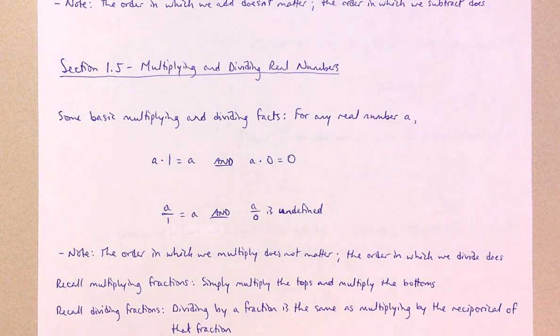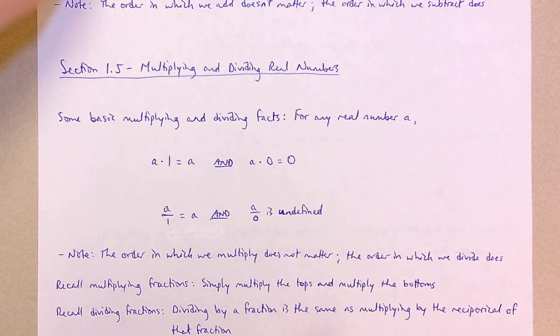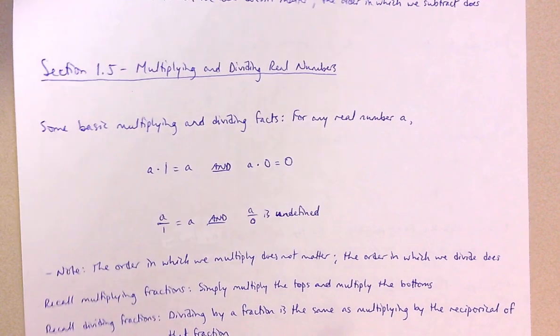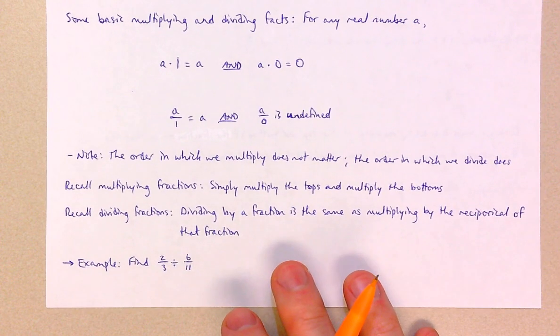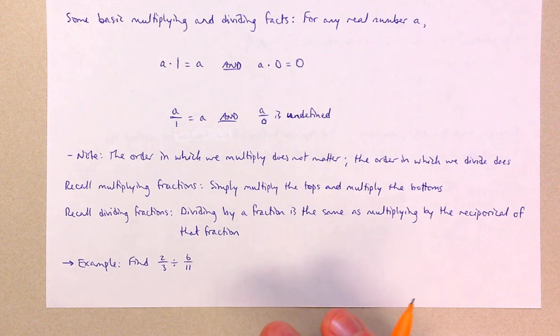Now, multiplying fractions, we've done this before. Very easy, very straightforward. You simply multiply the tops of the fractions and you multiply the bottoms of your fractions, and those are the new top and bottom for your new fraction respectively. Now, dividing fractions, if we're going to divide fractions, we can turn it into multiplication by doing one little thing.